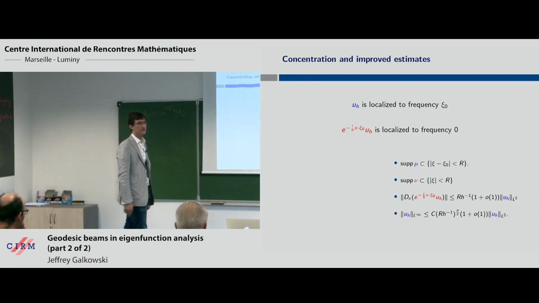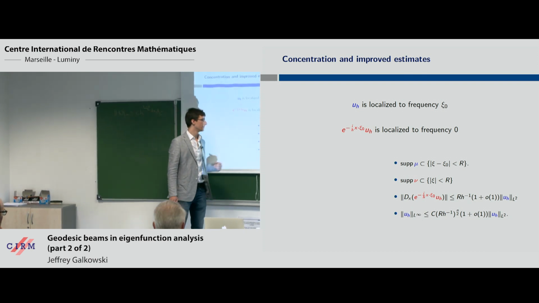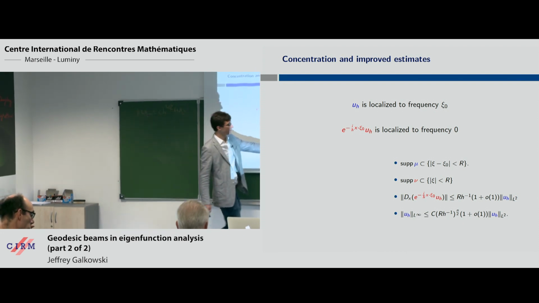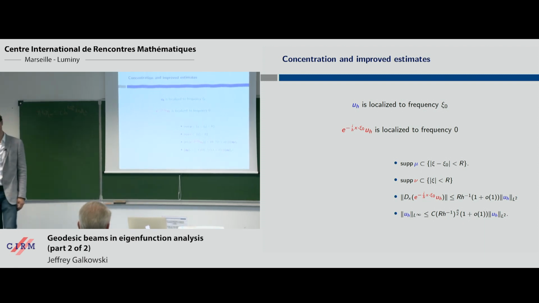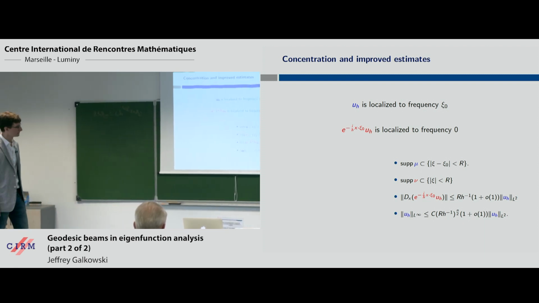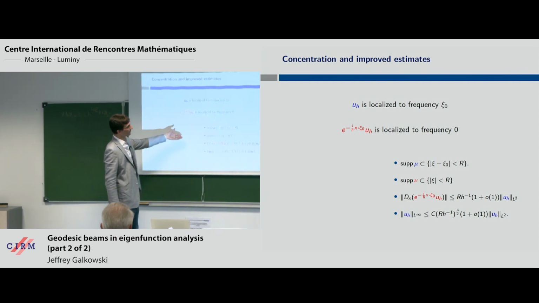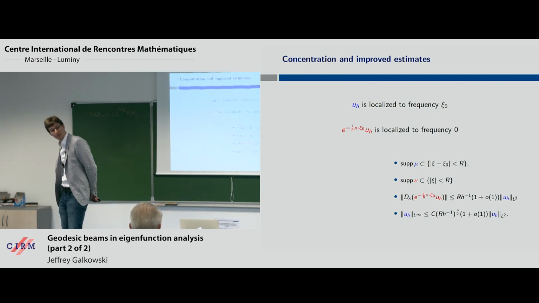There's nothing more you can do here. It takes you n over 2 derivatives, and so instead of h to the minus n over 2, which is the standard Sobolev estimate, you get (rh) inverse to the n over 2. So you have this improvement by r. This localization in frequency gave you an improvement of r.